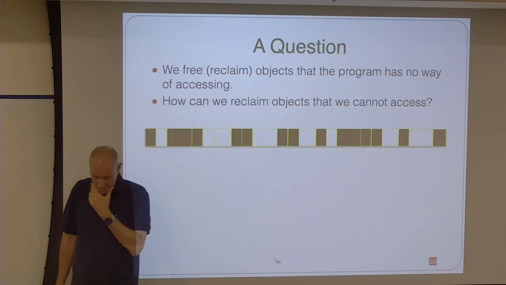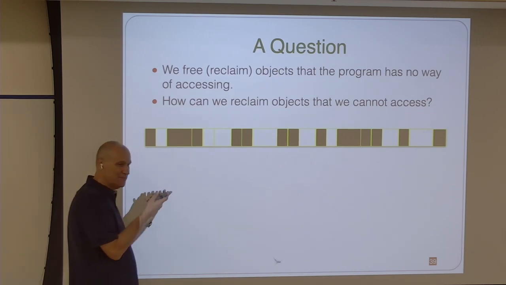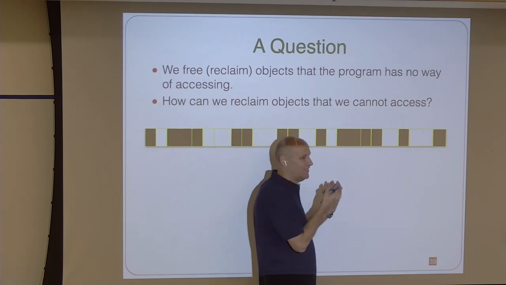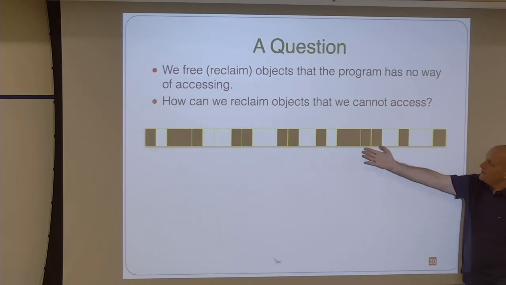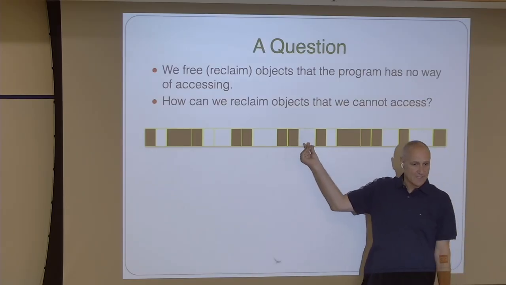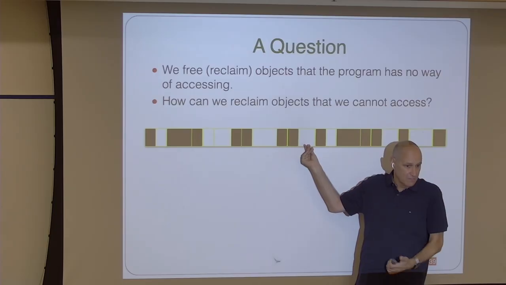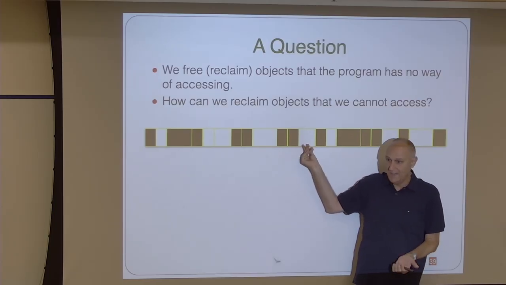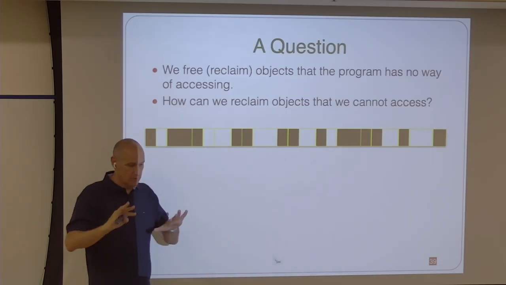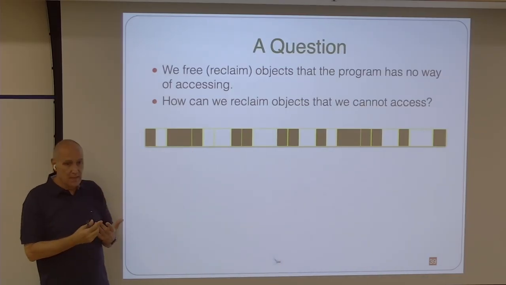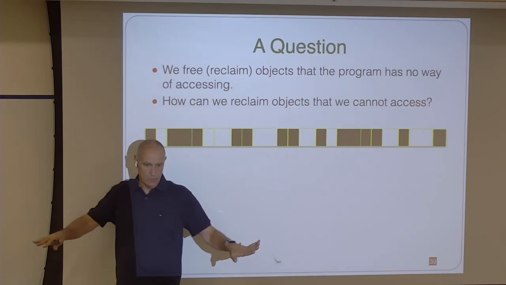Someone asked me, and this was strange to me, but it's clearly because I understand it too well: if these things are unreachable by the program, how can I see them, reclaim them, identify them? They're not available to me as the program. And when we say this, we have to distinguish between the program and the memory manager.